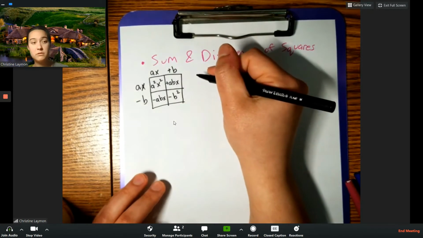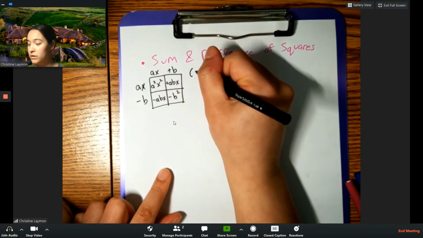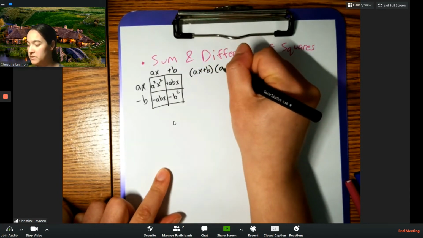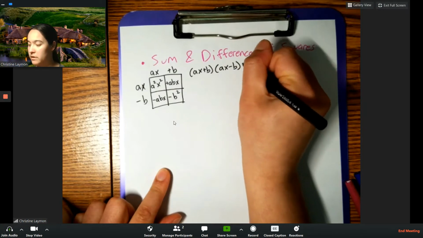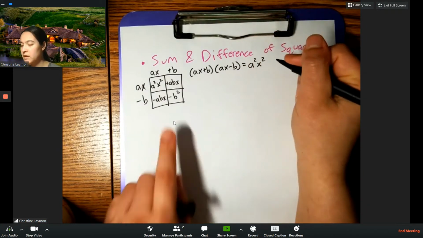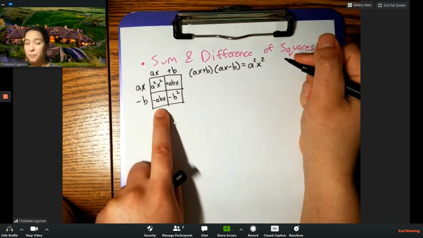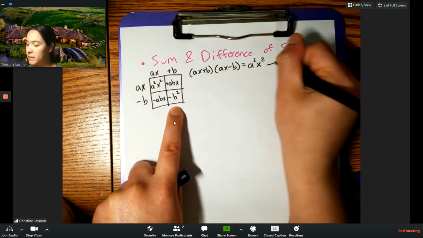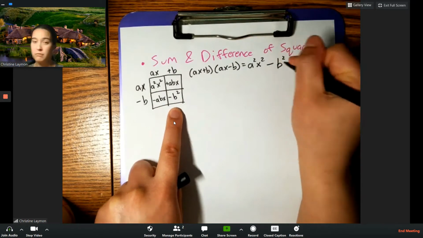Let's go ahead and combine those like terms. So before I do that, let me make a note of what I just did. We just did ax plus b times ax minus b. And what we got was a squared x squared, positive abx minus abx, they're gone now, minus b squared is all that remains.